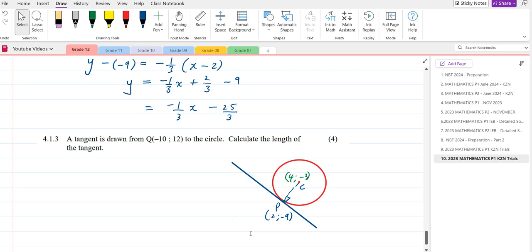A tangent is drawn from Q, negative 10 and 12. Right, so this point here is negative 10 and 12. Now we want to calculate the length of the tangent. How are we going to calculate the length of the tangent?